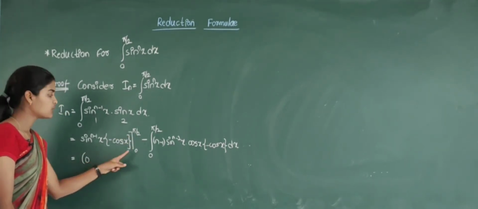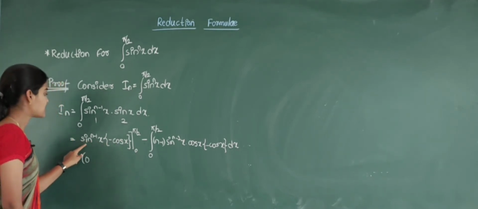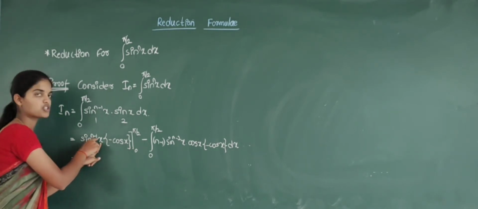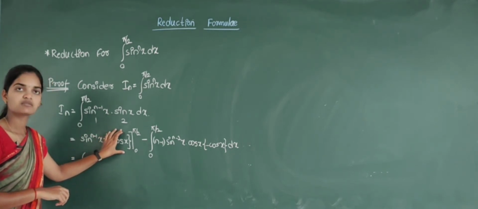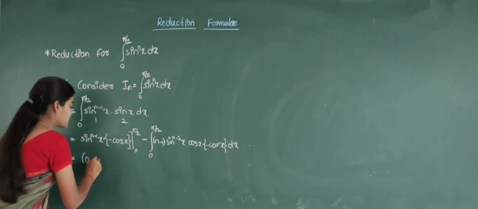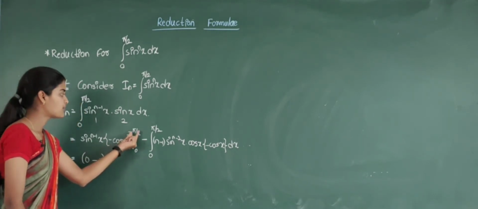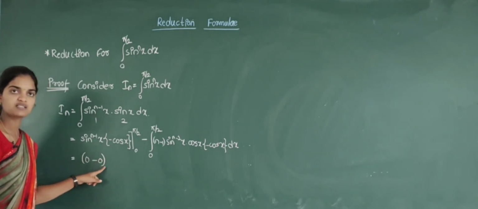Now substitute the lower limit, x is equal to 0. What do we get here? Sin raised to n minus 1 of 0. Sin 0 is again 0, so we get 0 raised to n minus 1. Anyhow that value is 0, and whatever the other value may be, after multiplying we get 0 itself. So for this term, substituting the upper limit and lower limit, the answer is 0 minus 0.